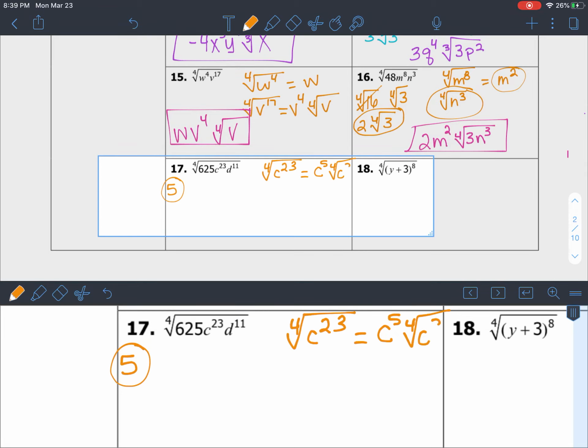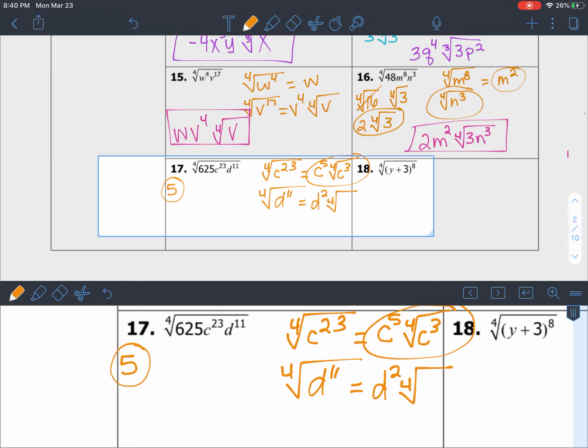And 5 times 4 is 20, so we are left over with 3. And then we need to look at the 4th root of d to the 11th. So how many groups of 4 can I fit inside of 11? Right? So that happens to be 2, which is 8, and I'm left over with 3 to get to 11.